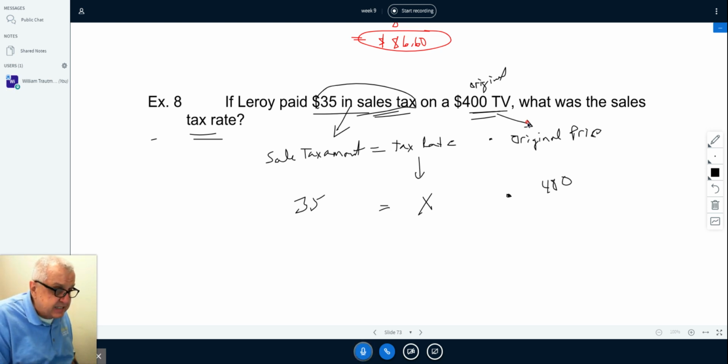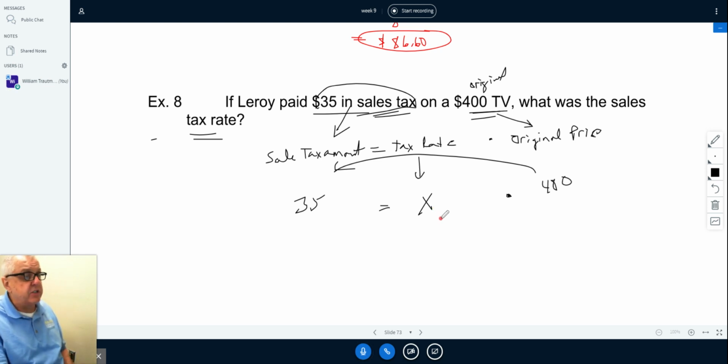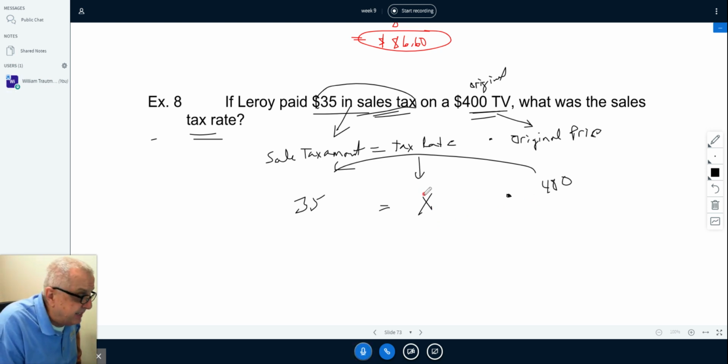Well, X is multiplied times 400. So in order for me to do this, I had to get the 400 to the other side. How do I take the 400 to the other side? Using algebra, it's multiplying times the X. So I have to divide it by 400.